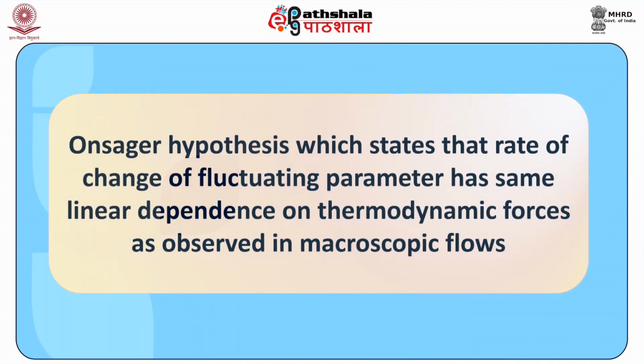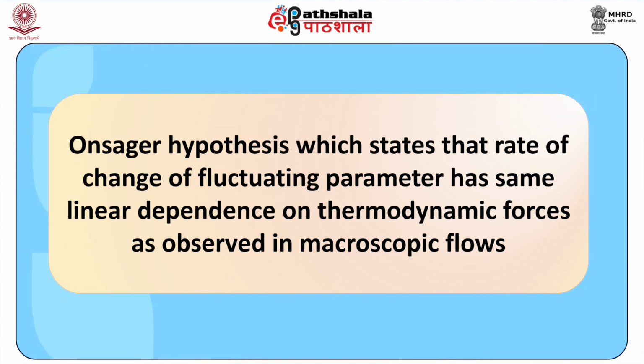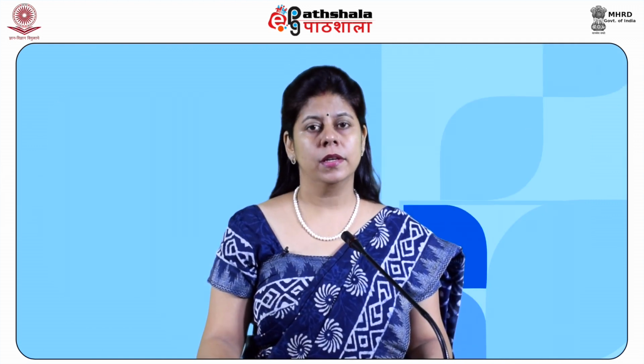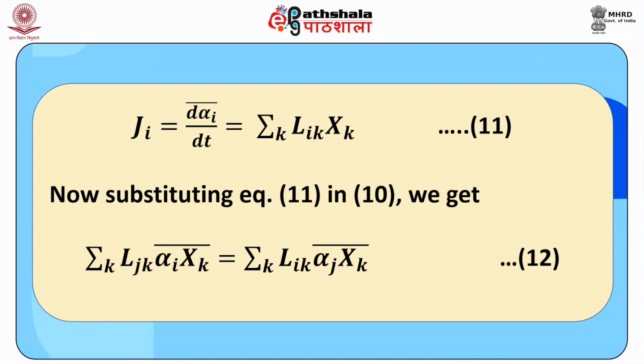Introducing the Onsager hypothesis, which states that the rate of change of a fluctuating parameter has the same linear dependence on thermodynamic forces as observed in macroscopic flows. Mathematically, it can be written as equation 11, in which Lik are the overall macroscopic coefficients. Now substituting equation 11 in 10, we get equation 12.